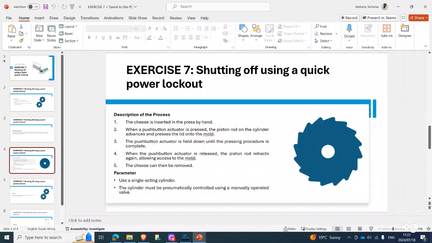And then the push button actuator, okay, no, I think this is a wrong process. Let me try and see if I can also fix this. So okay.